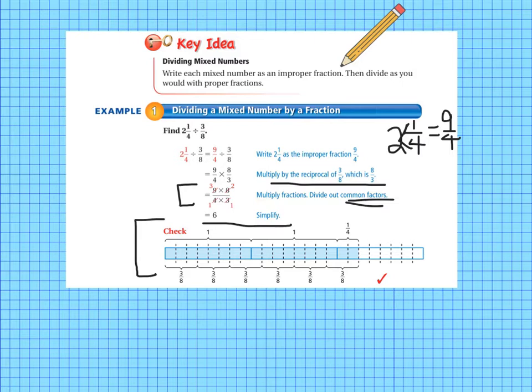Then we want to count out how many 3/8 sections we have. We have a 3/8 section here, and here, and here, and here, and here, and here. So that's 6 sections of 3/8.